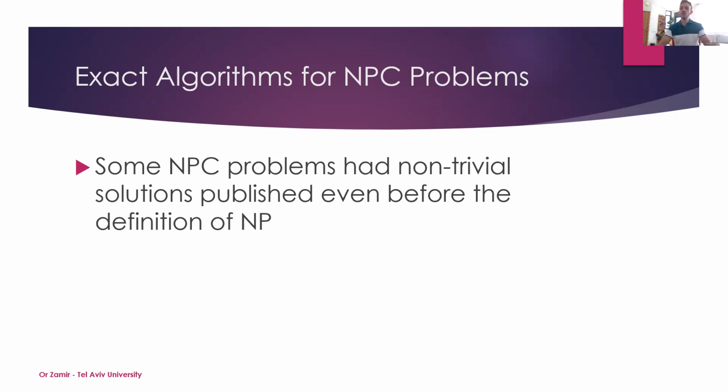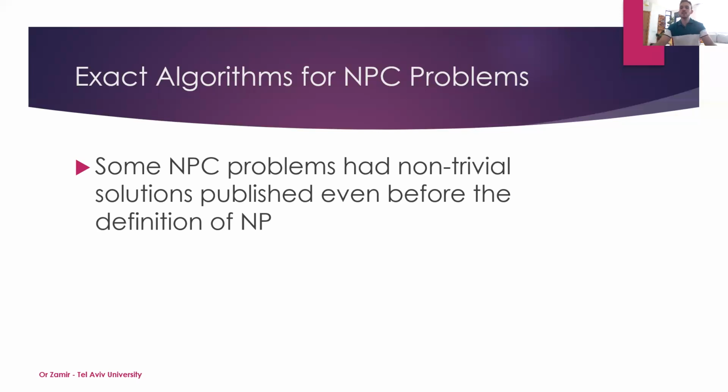In fact, we were even aware of such better solutions for NP-complete problems before the definition of NP or NP-completeness. Already in the early 60s, there were non-trivial exponential algorithms for problems like the traveling salesman problem.